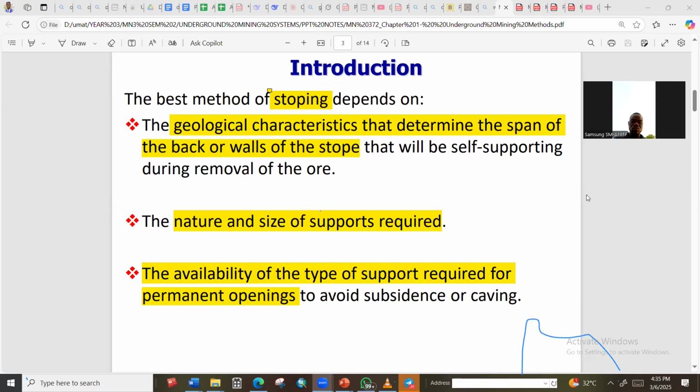So if you are selecting a support system, select the support systems that are readily available, that if you need some, you just stretch out your hand and you get it. If the support system is very scarce, please don't go for it. So if you look at those practicing galamsey, their support system, they use sticks. They just go and take them underground and use them for their support systems.